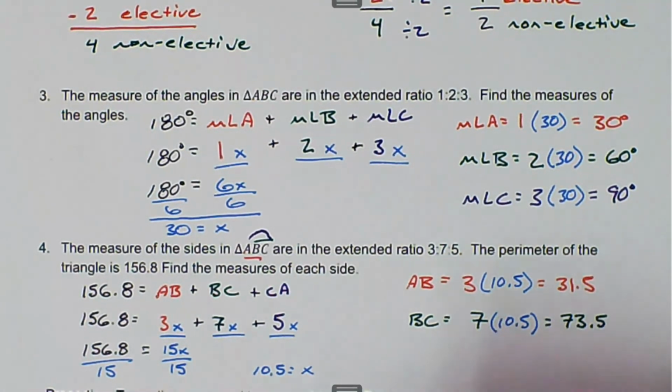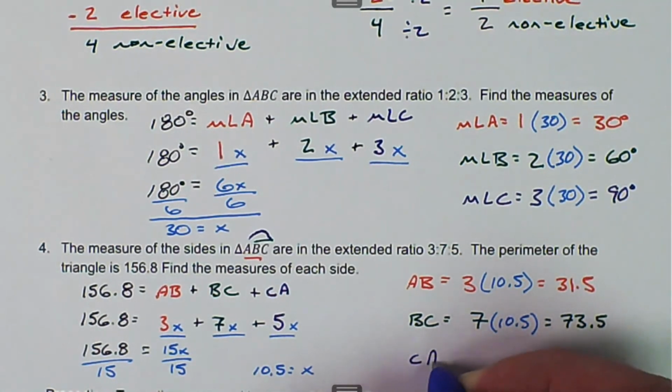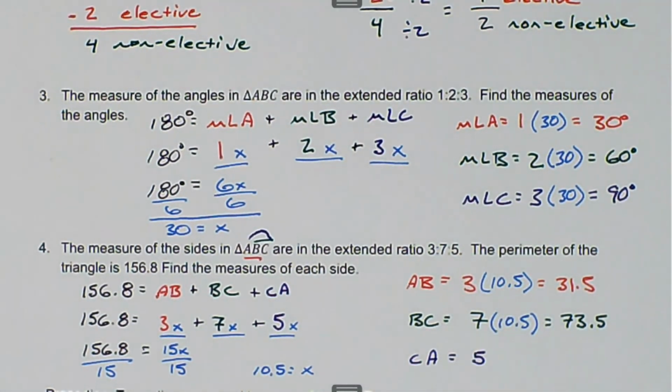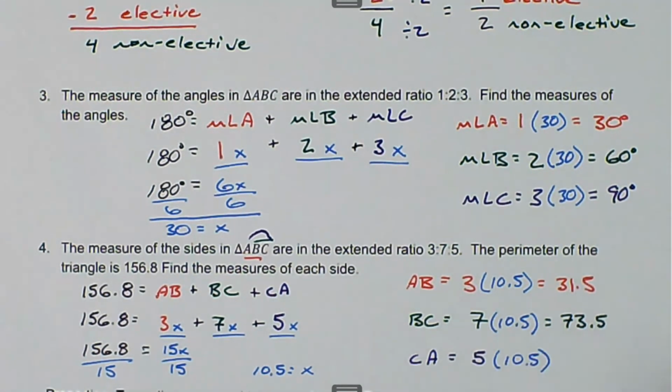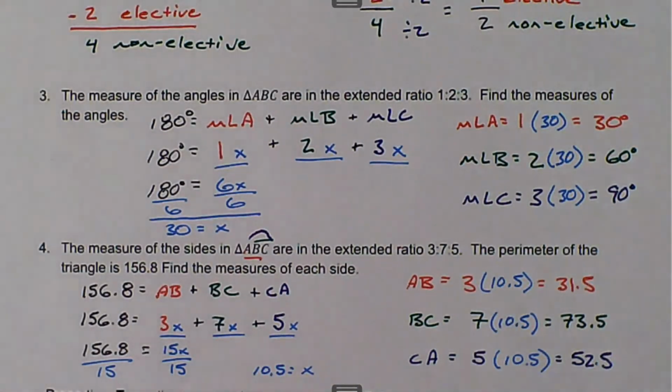And the last one is CA is going to be 5 times 10.5, and 5 times 10.5 is going to be 52.5. So those were some examples that we went through referring to ratios and extended ratios.